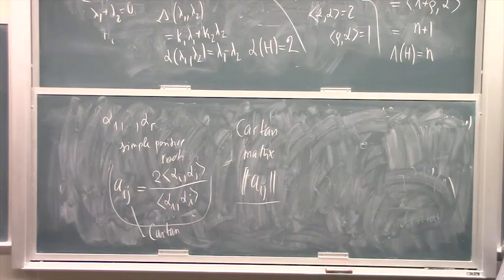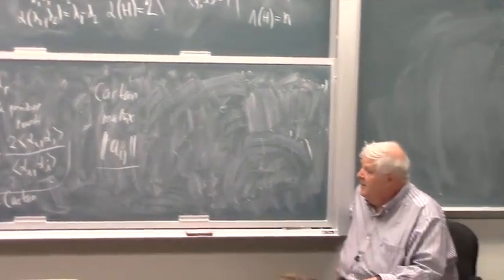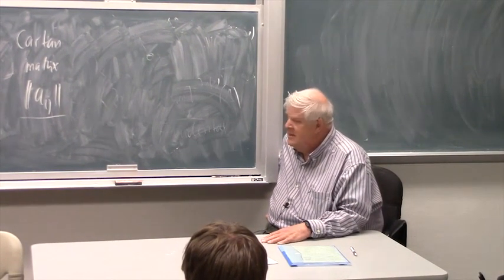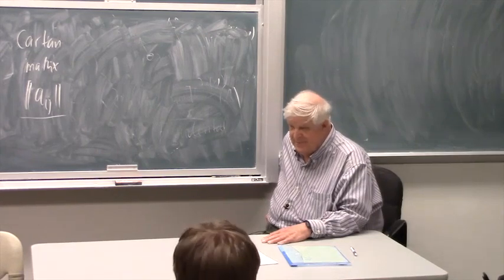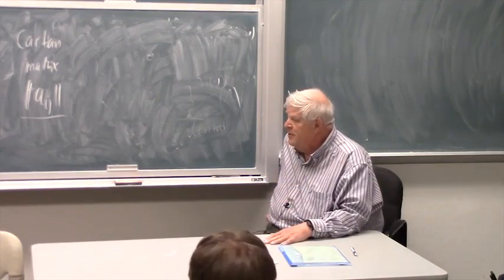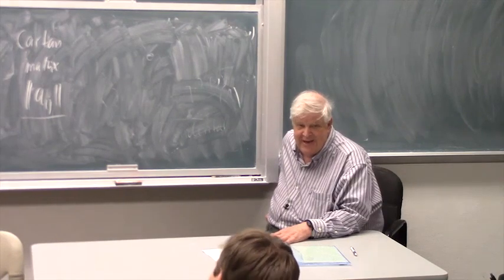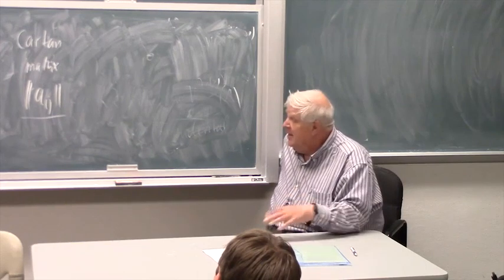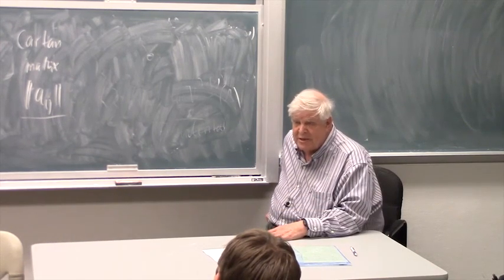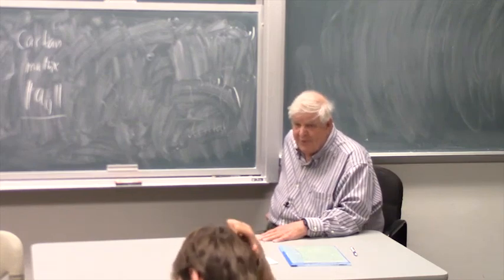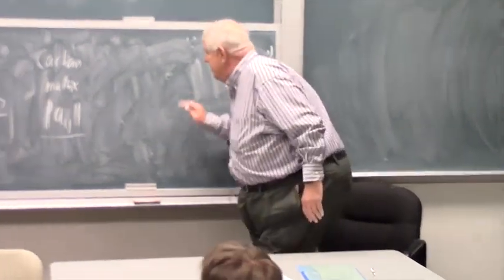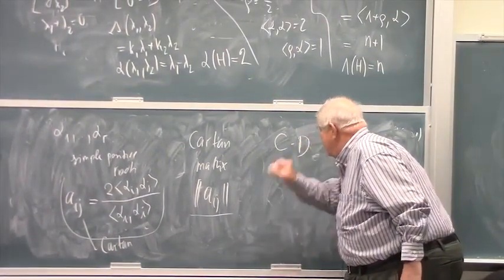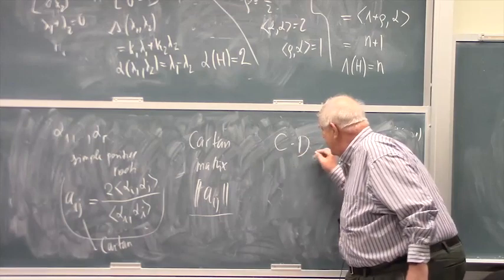What can be said about this? First of all, you can think that this matrix is symmetric, but actually it is symmetrizable. You see the division, if you replace Aij by Aji, you will have to divide by alpha j, and this may be a different number. So this matrix in general is not symmetric. Symmetrizable means the following. This matrix C has the property that there exists a diagonal matrix D, so that the product is symmetric.